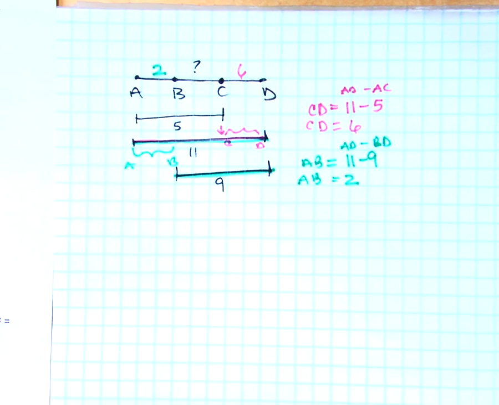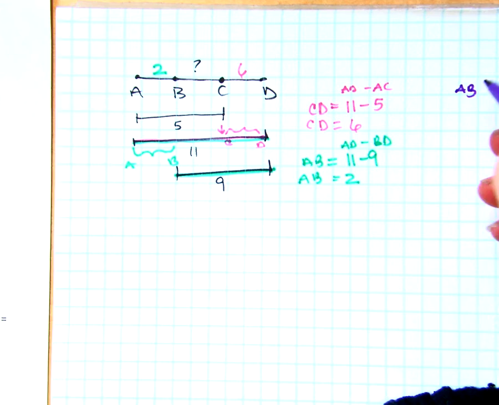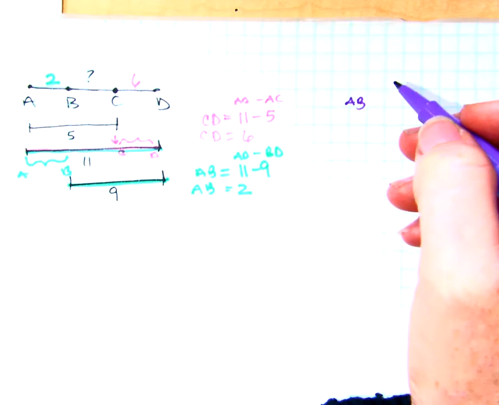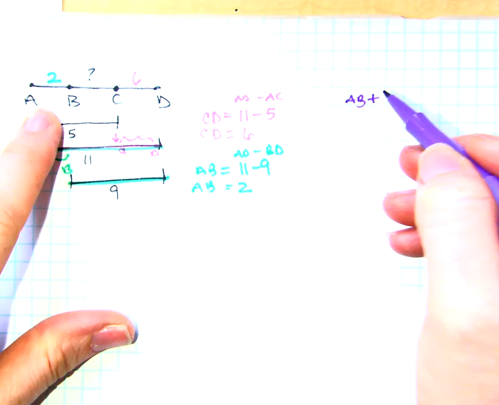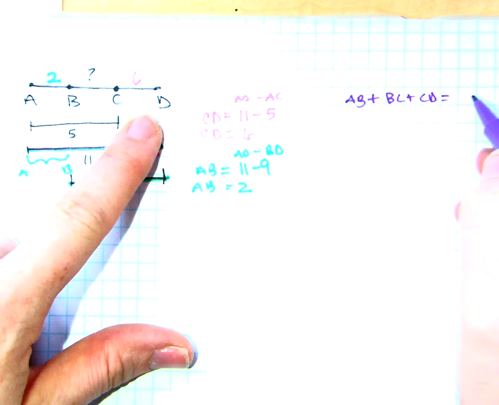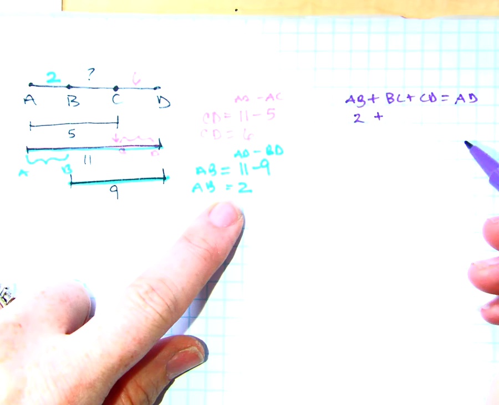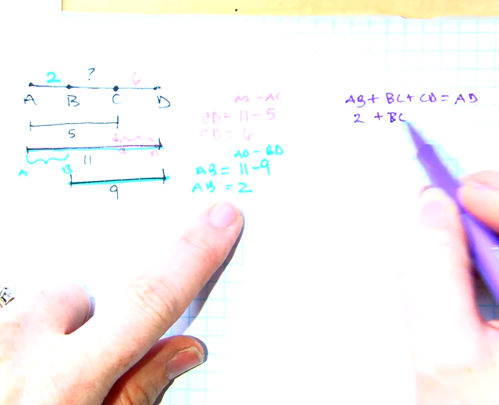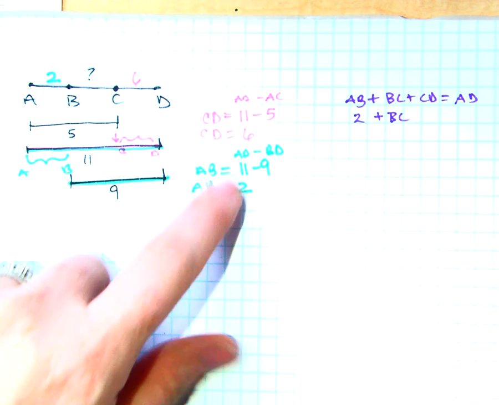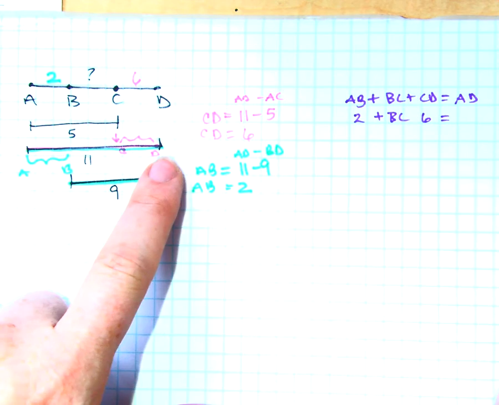And now I can use the fact that AB plus BC plus CD has to be the whole line segment AD. And I just solved for AB. I found out it was 2. And BC is what I'm actually looking for. And I solved for CD. It was 6. And I was given AD, the whole line segment.